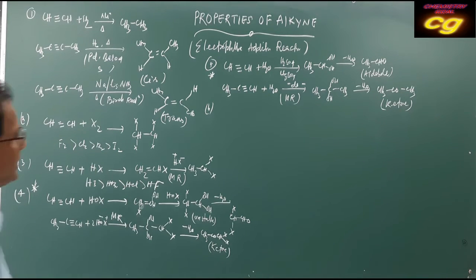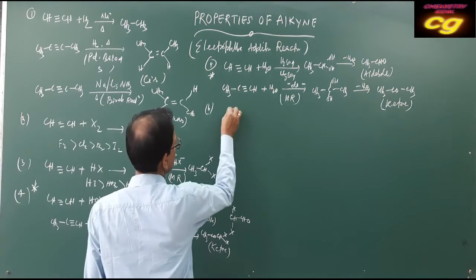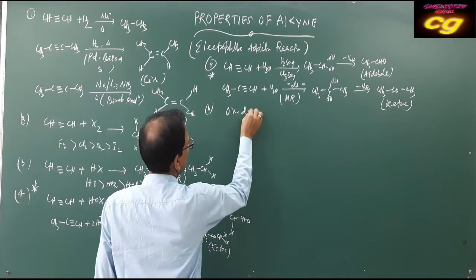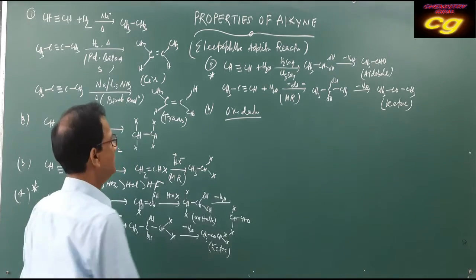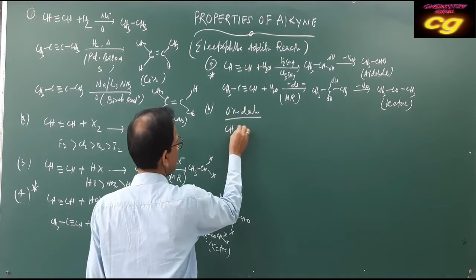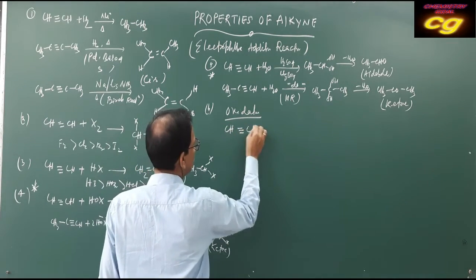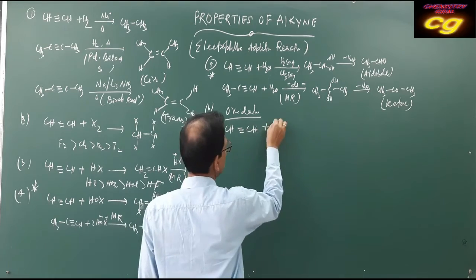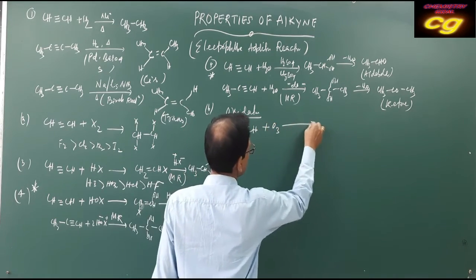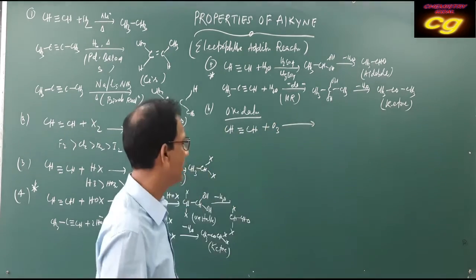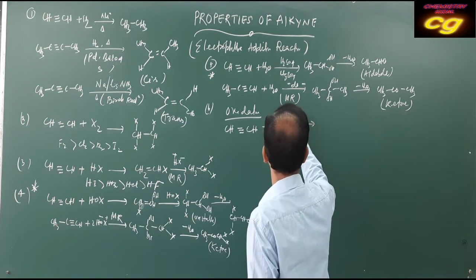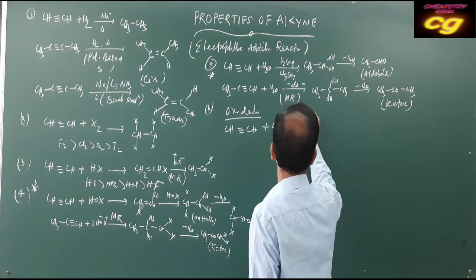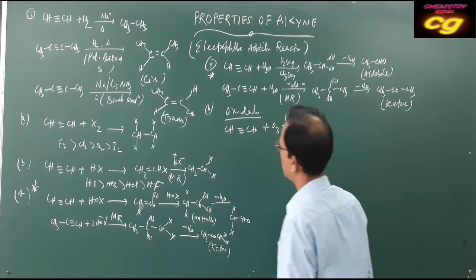Then if you see the oxidation reaction of alkyne, alkyne undergoes oxidation with ozone. Like alkene, it takes two steps, and the second step is the addition of zinc and water, hydrolysis.